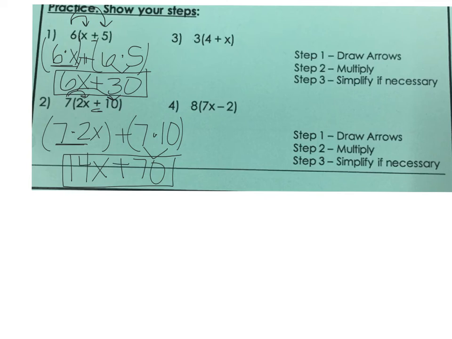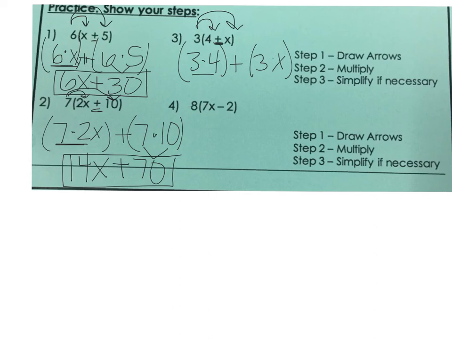Now we have 3 right next to the parentheses 4 plus x, so we're going to distribute 3 with 4, so 3 times 4. We have a plus sign, and then 3 is going to distribute with x, so 3 times x.